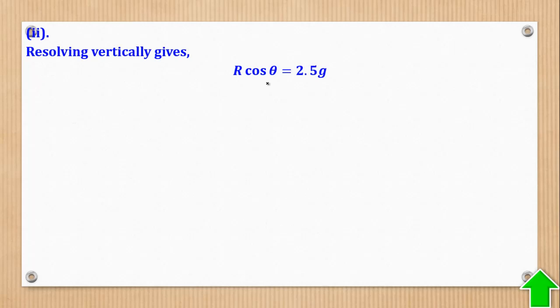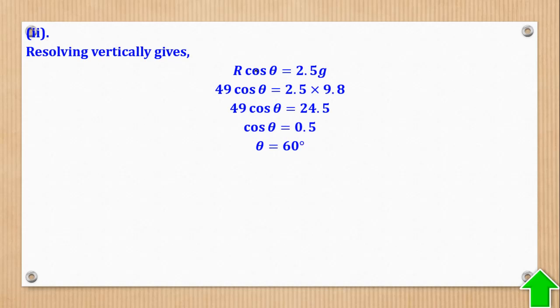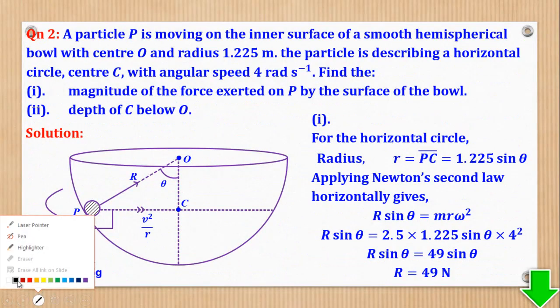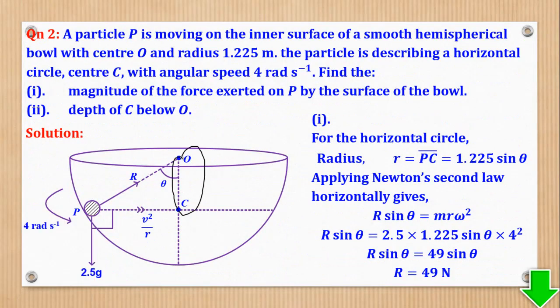Then they want the depth. So resolving vertically, you'll come up with R cos theta equal to the weight. So substitute for g to come up with the value of theta. After getting theta, I can go back to the diagram. You see this OC, it is the depth they want.